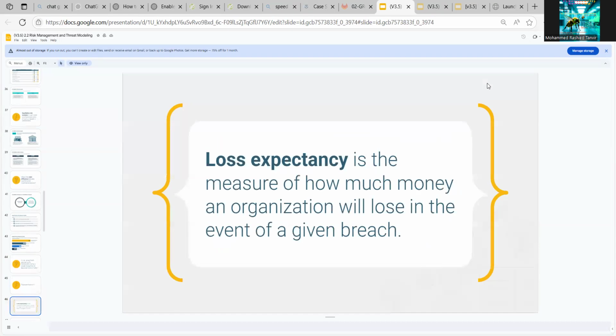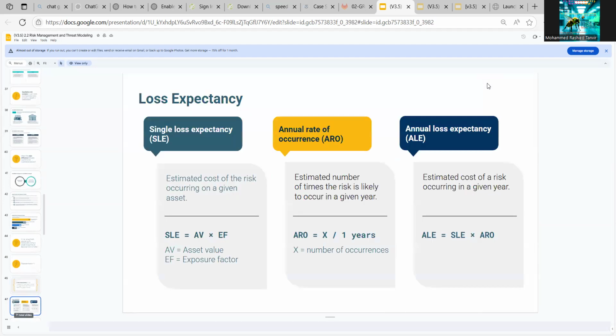Loss expectancy is the measure of how much money an organization will lose in the event of a breach. How do we calculate this? Single loss expectancy, SLE, estimates the cost of a risk occurring on a given asset.